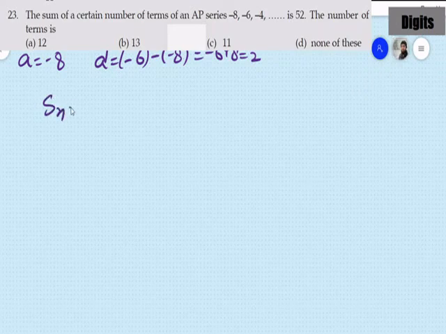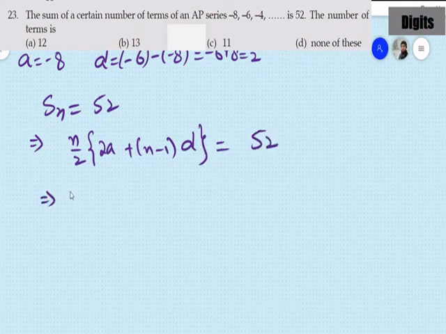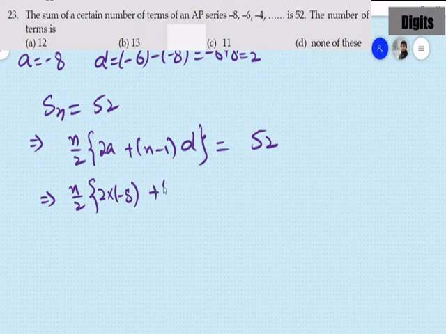Now we know the formula of sum of n terms is n by 2 into 2a plus n minus 1 into d, which is equal to 52. This implies n by 2 into 2 into minus 8 plus n minus 1 d. d is 2, which is equal to 52.